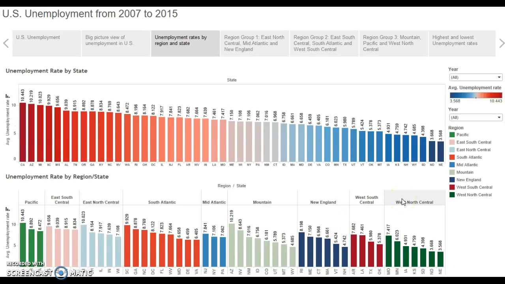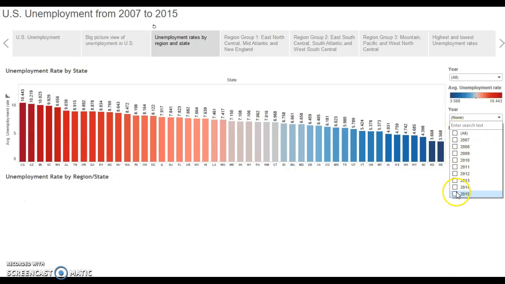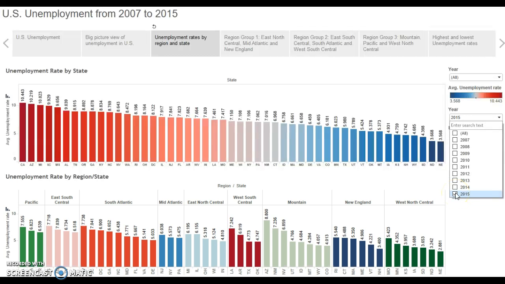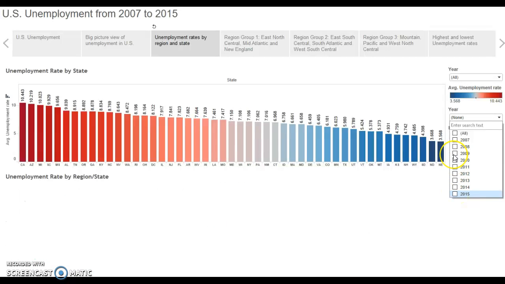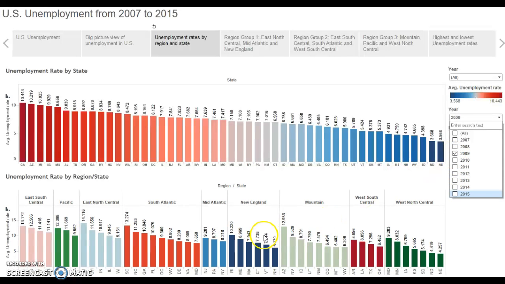And you can also take a look at these unemployment rates by year. You can see in 2015, for example, you have Rhode Island and Connecticut at 5.5 and 5.49 unemployment rates, and then if you take a look at 2009, for Rhode Island you have 10.2 and Connecticut 7.7.